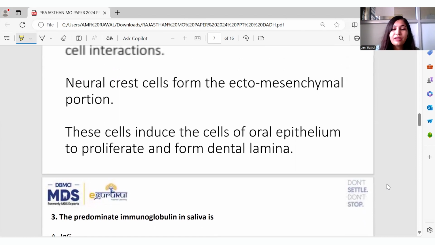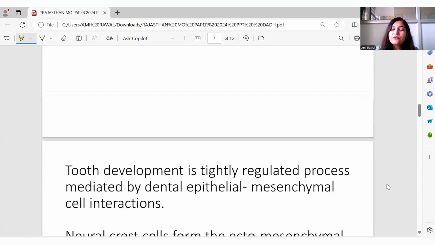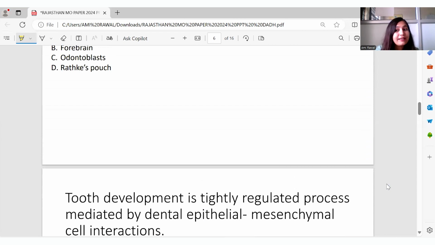So dental lamina is formed by neural crest cells, not directly by neural crest cells. It is formed by the interaction between epithelium and connective tissue. As connective tissue is formed by neural crest cells, this is our epithelial portion, and this is our ectomesenchymal portion. These ectomesenchymal cells are mainly neural crest cells.